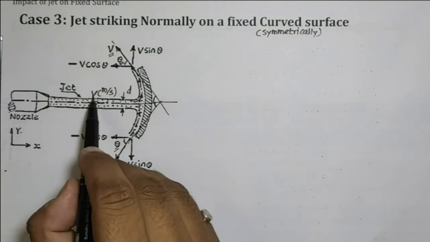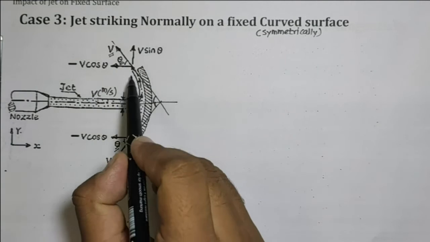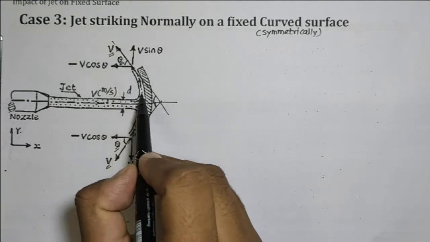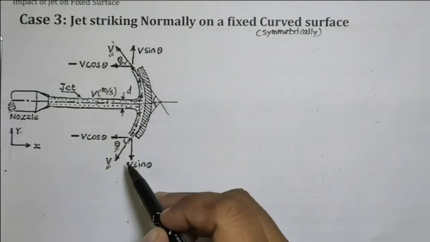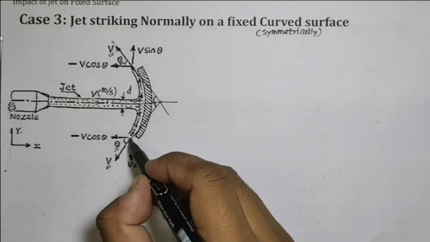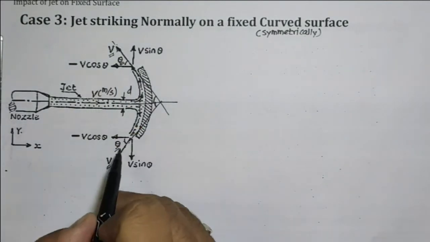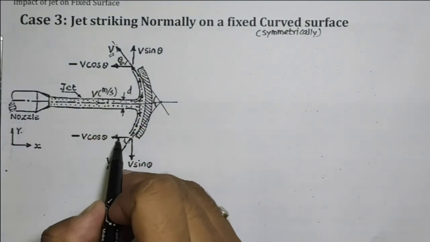If we have a frictionless surface, the velocity does not reduce, and its magnitude remains constant. This is velocity v and this one is velocity v, which are making an angle of theta degrees.